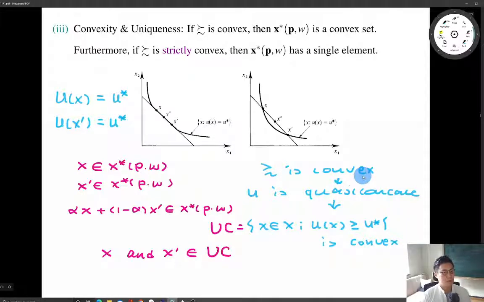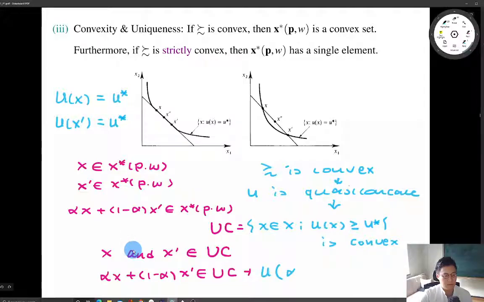All right. And we know that set UC is a convex set, okay? So any average bundle alpha x plus 1 minus alpha x prime is also an element of UC. That means U of alpha x plus 1 minus alpha x prime will be higher than or equal to U star, because this bundle is an element of this set.